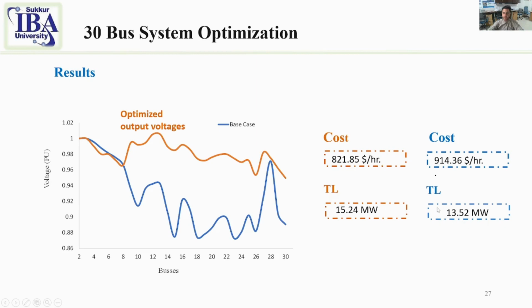You can see the transmission losses have been increased. This is the only thing that you can see, the losses increased, but the voltages are improved and the cost is reduced.